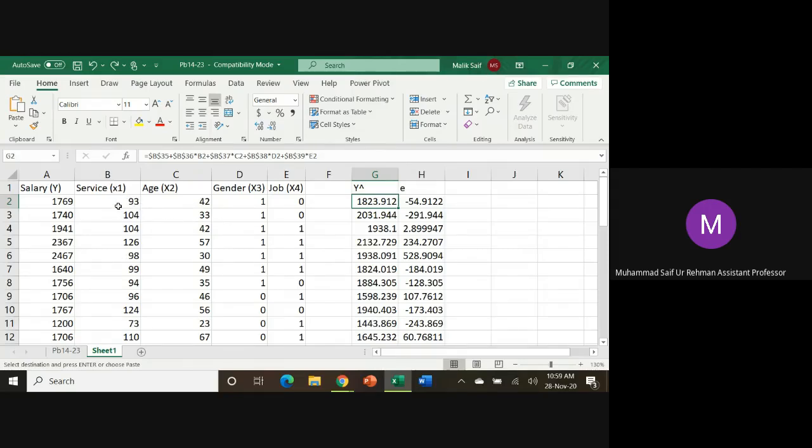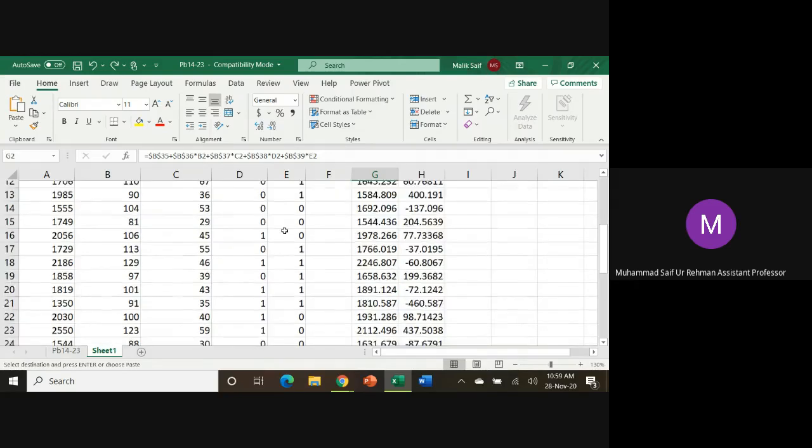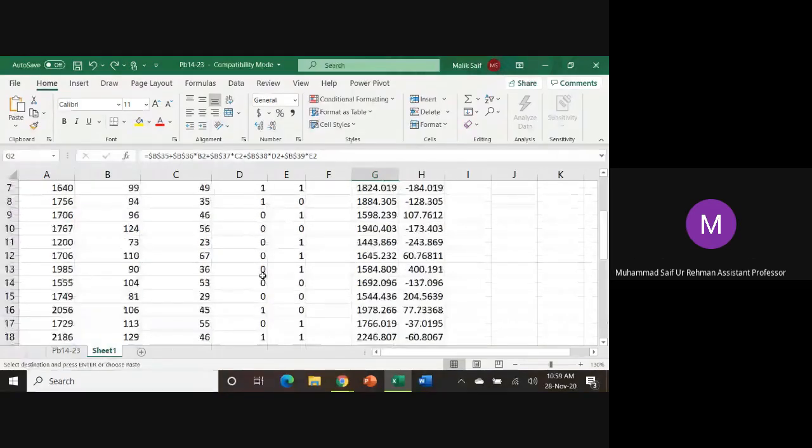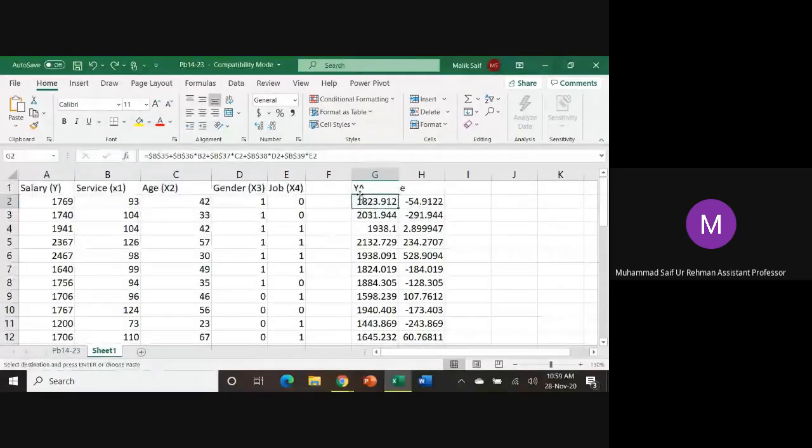Similarly, all values are written over there, 93, 42, 41. So in the variable, whenever you are going to use x4, you will put here 0, 1. If you see, there are 30 observations, so 30 equations will be there to find out the value for y hat. For each equation, the value definitely will be different.